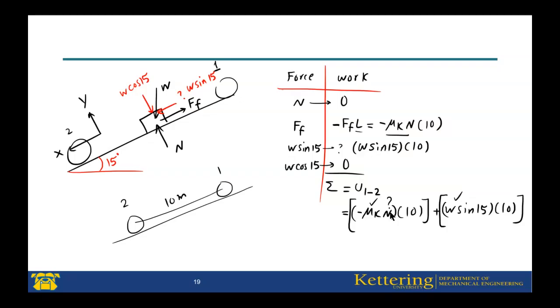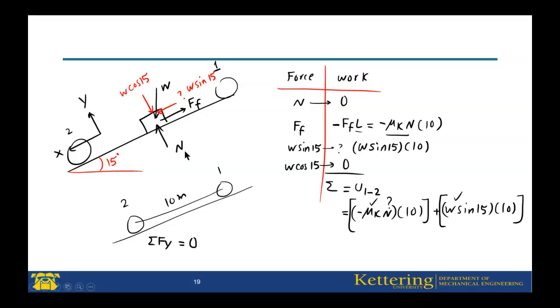To find the normal force, you will see that the normal force is along the y direction. You need to use the equation of motion along the y direction, which equals 0, meaning that the sum of the forces along the y direction is equal to 0.